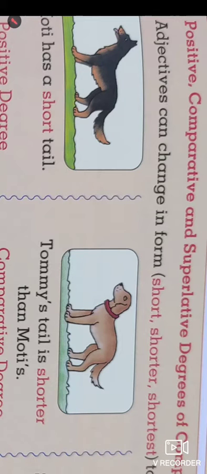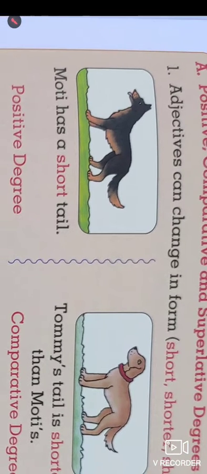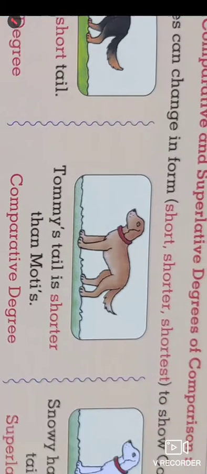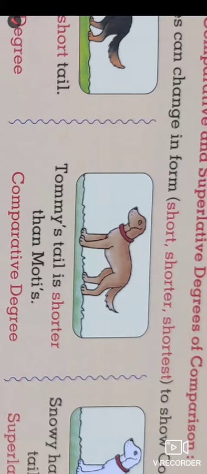The first, Moti, has a short tail. We have to compare their tails. Moti has a short tail, and Tommy's tail is shorter than Moti's.